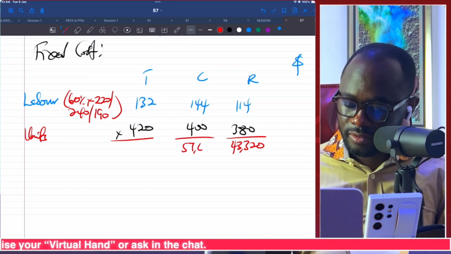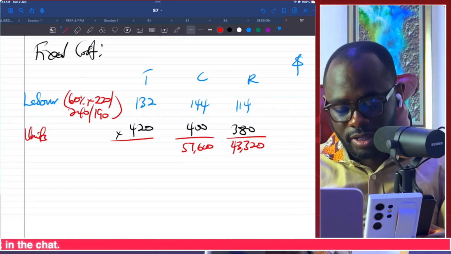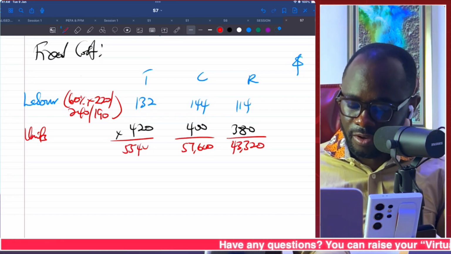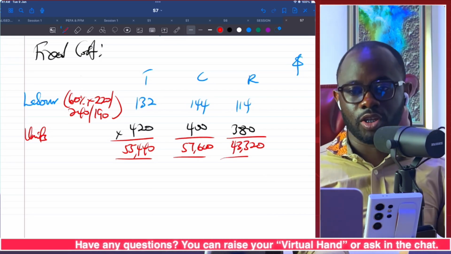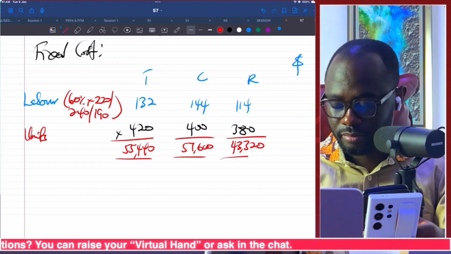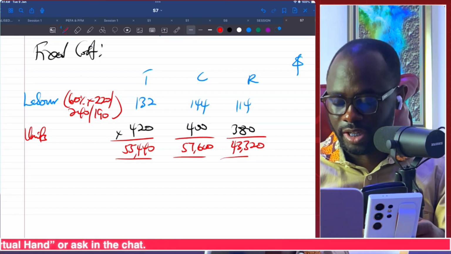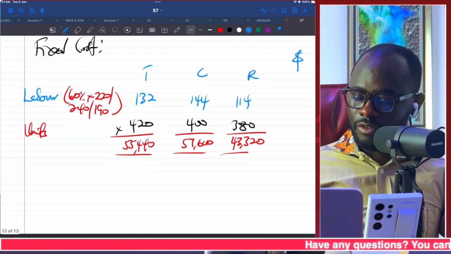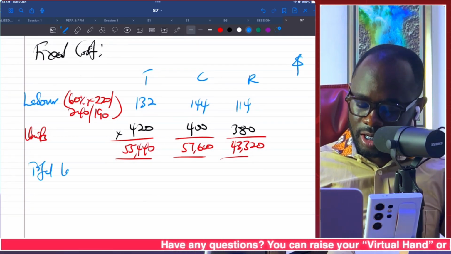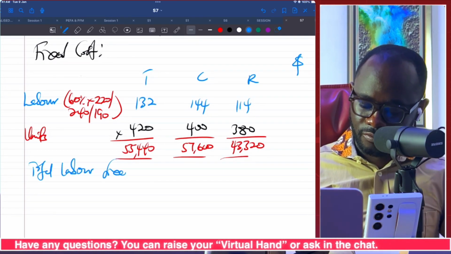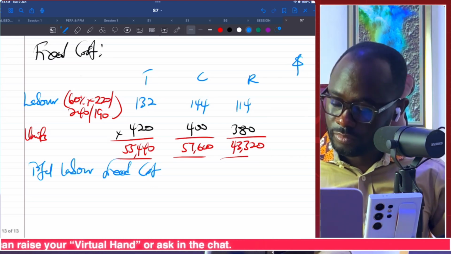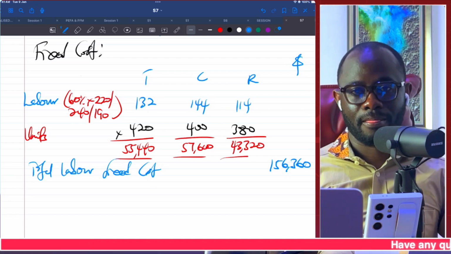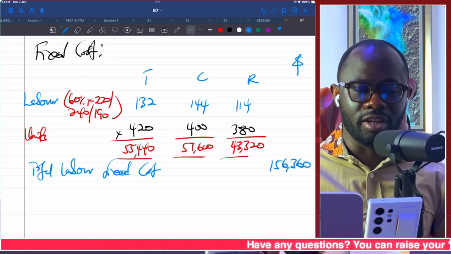That's 57,600. 132 by 420, 55,440. So we add the 3 up, 55,440, 57,600, 43,320. And that gives us 156,360 for the total labor fixed cost. So that is how we calculate the fixed cost here.